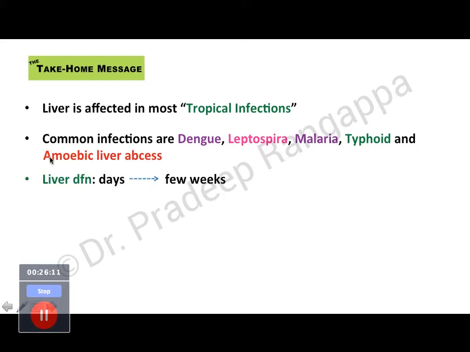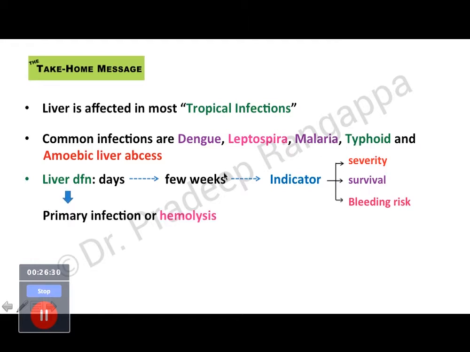And liver dysfunction, typically the onset would be in days and will last up to a few weeks in most of these conditions. And liver getting affected in any of these may be an indicator of severity, can portend their survival, and may indicate to you that there may be a potential bleeding risk in all these patients. And liver dysfunction can happen due to the liver primarily being affected by the organisms, or by immune mechanisms, or by hemolysis.